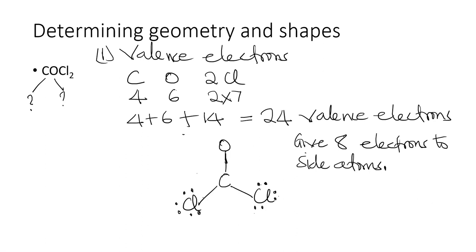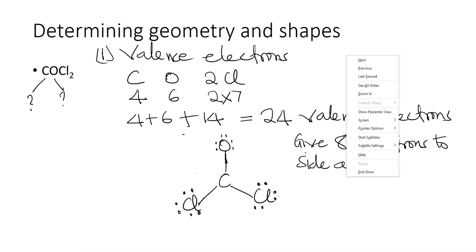For this oxygen, we have 2, 4, 6, 8. So each one of the side atoms has 8 electrons. So the question is, should we be happy with what we have here? The answer is no. We shouldn't be happy.